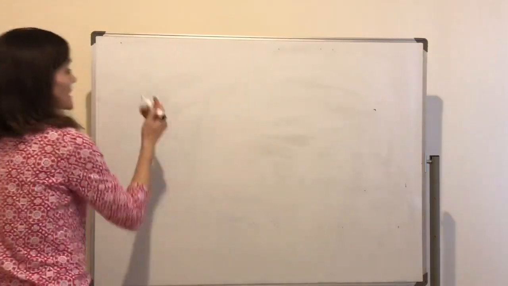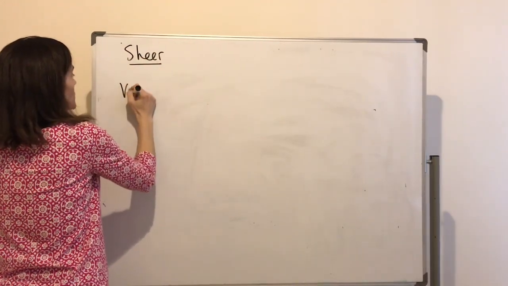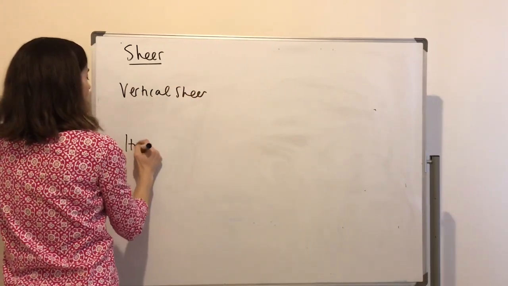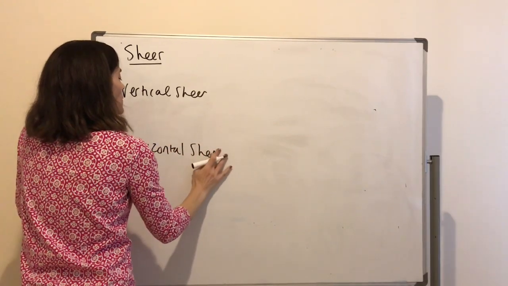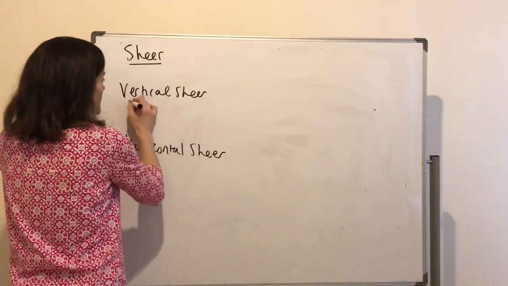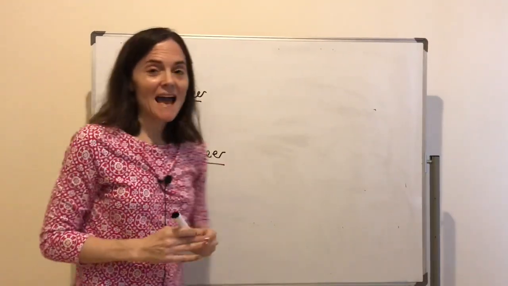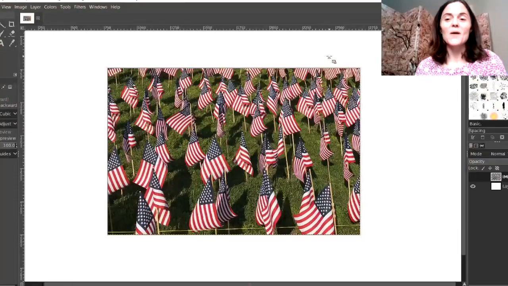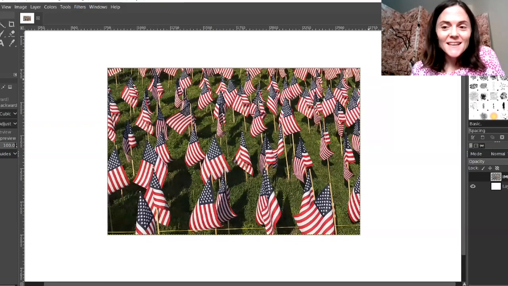So the last thing I will just mention is the shears. We have a vertical shear and we have a horizontal shear. What is a shear? Well, I figured it would be best to just show you on an image.